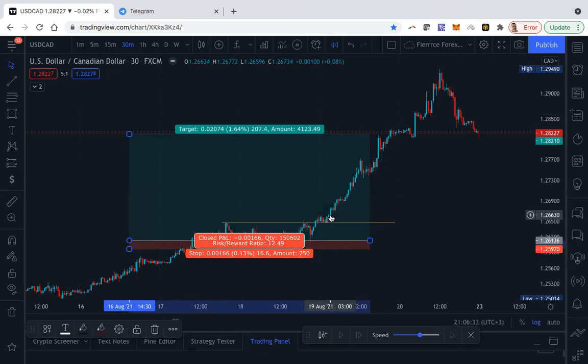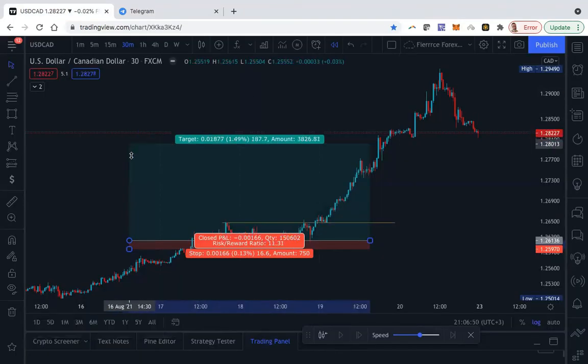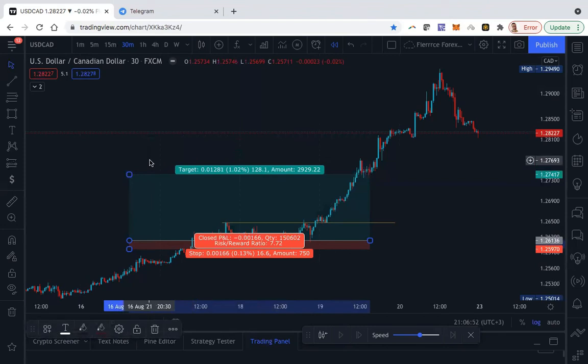But the 4th trade, you make your 10 pips, you'll still be in drawdown. But if in 3 trades you're down 45 pips, but this one trade of USD CAD gives you what? 60 pips? 60 pips minus 45 pips is what? 15 pips. You're still in profit. Your account that day is still in profit.